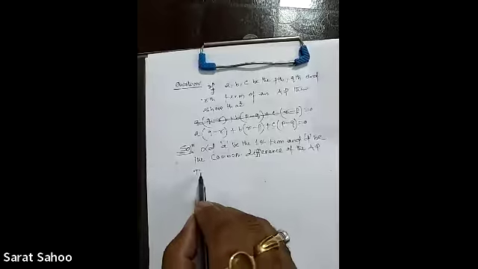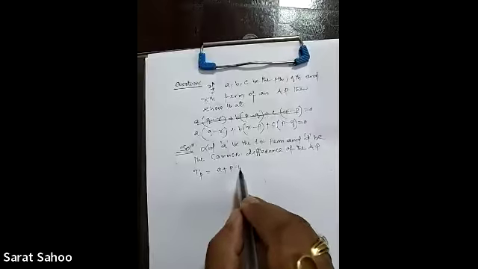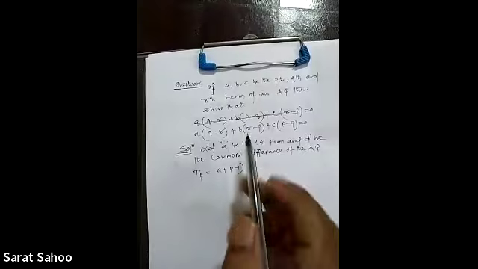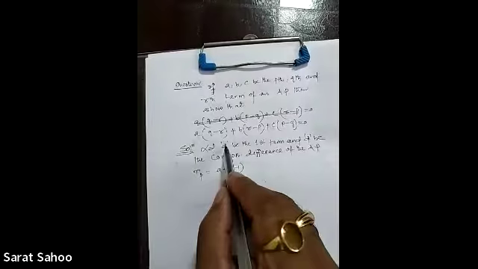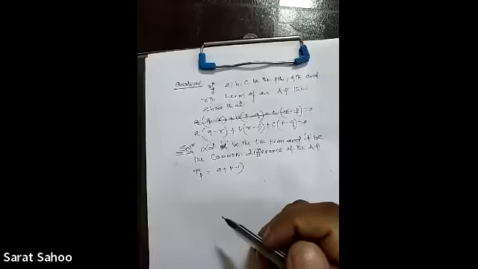So pth term Tp is equal to A plus p minus 1 into D. Since a, b, c are used, let alpha be the first term and D be the common difference.